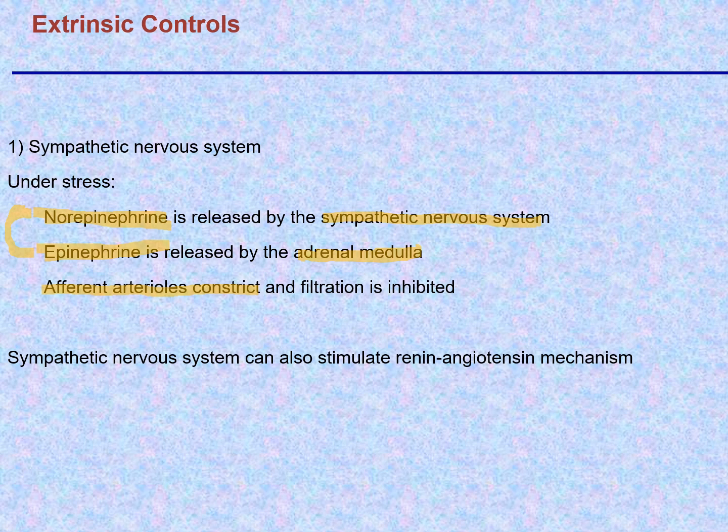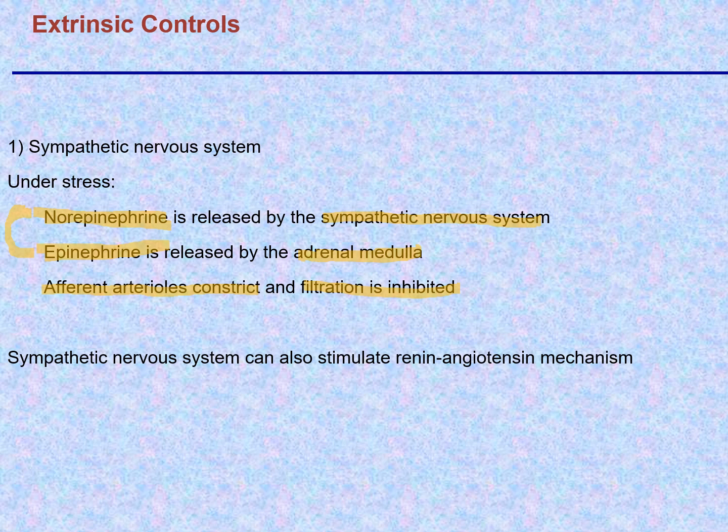So vasoconstriction of the afferent arteriole will decrease hydrostatic pressure in the glomerulus, decreasing net filtration pressure, therefore decreasing GFR, the rate of formation of filtrate. So filtrate formation gets inhibited.